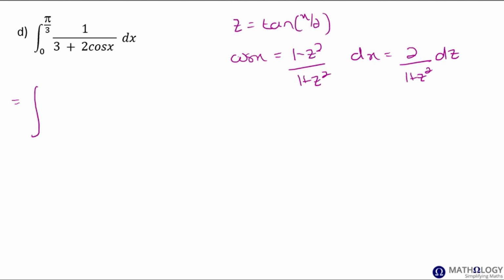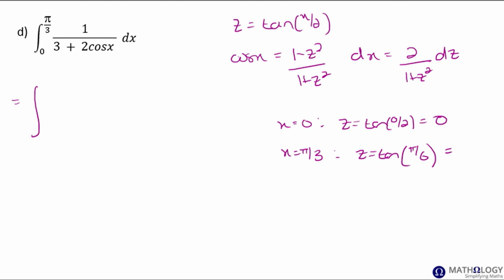In fact, we're not going to use those limits of integration because we need to change them. This pi/3 and 0 relates to x. So when x equals 0, then z equals tan(0/2), which is tan 0, which is 0. And when x equals pi/3, then z equals tan((pi/3)/2), which is tan(pi/6).